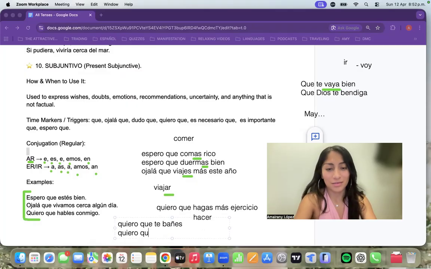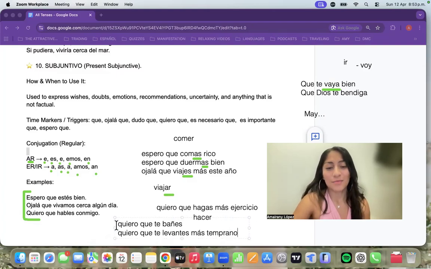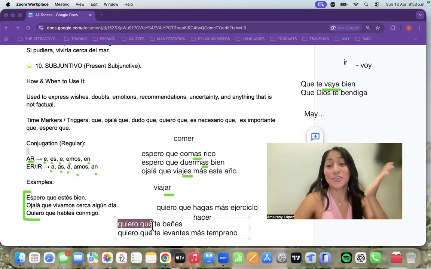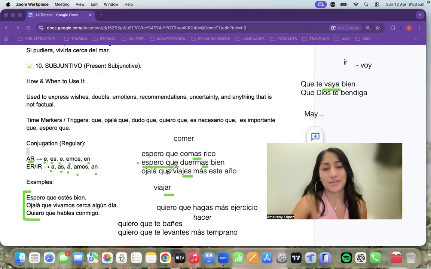"Quiero que te levantes más temprano." I want you to get up earlier. Okay, so this one is more like "I want you to," and "espero que" would be a softer version of that, like "I hope that," allowing more space for the person to decide. This one is more like "I want you to."